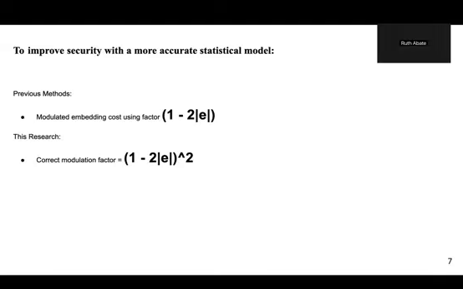Let's compare the two approaches. In the previous method, the modulation factor 1 minus 2e was used. This factor linearly decreases as the rounding error e increases. In contrast, the new approach uses (1 minus 2e) to the power of 2, which decreases quadratically.